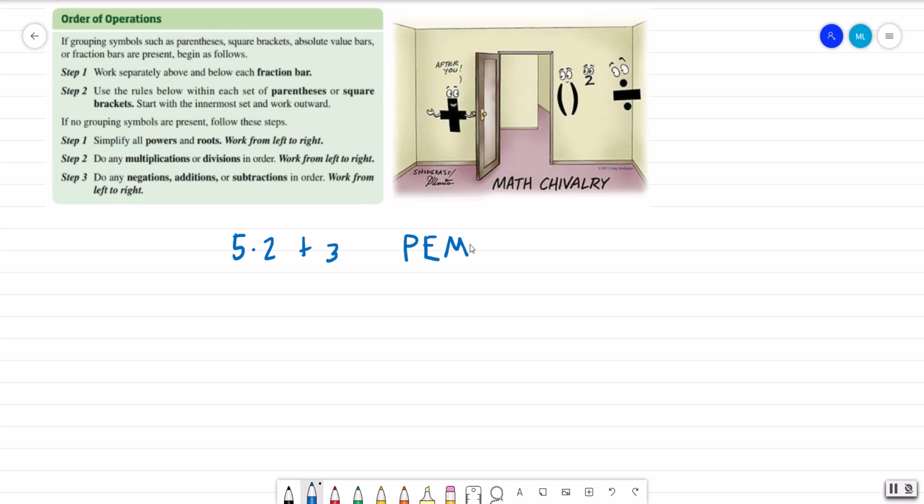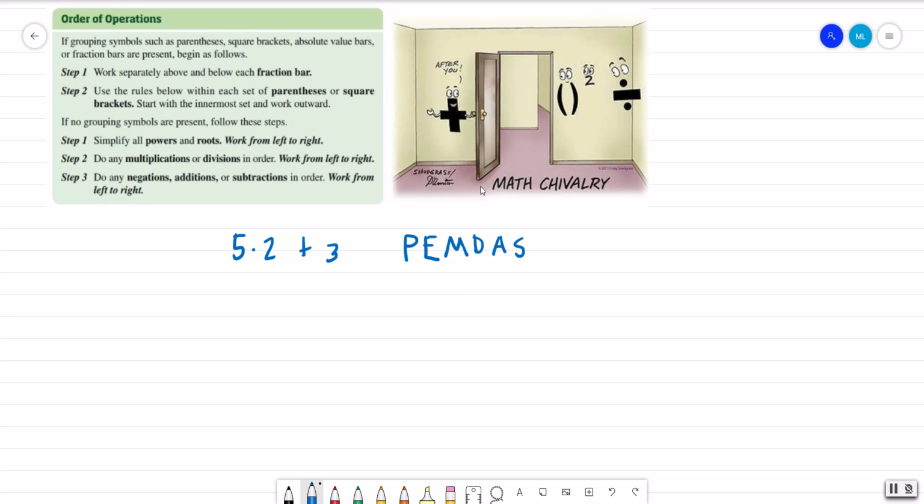Multiplication and division are about the same, so it's whichever comes first, from left to right. So you have multiplication, division, and then addition and subtraction, of which most people will say, please excuse my dear Aunt Sally, in order to memorize the order of operations.